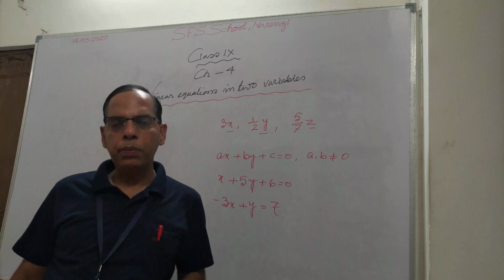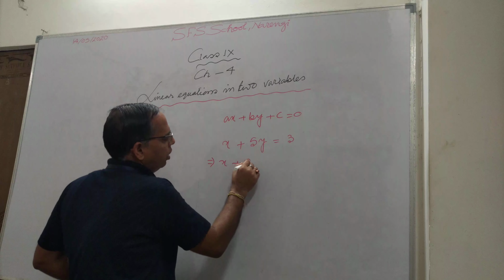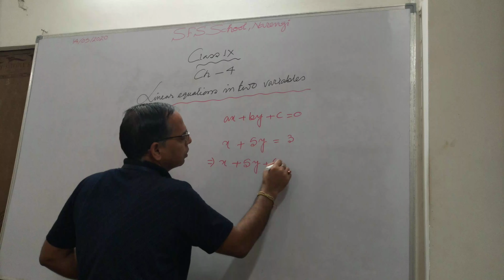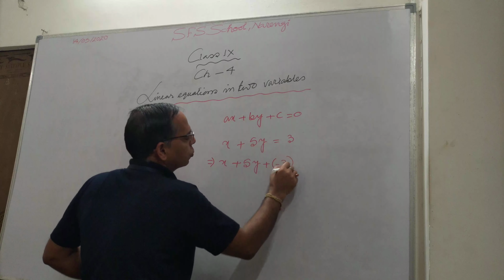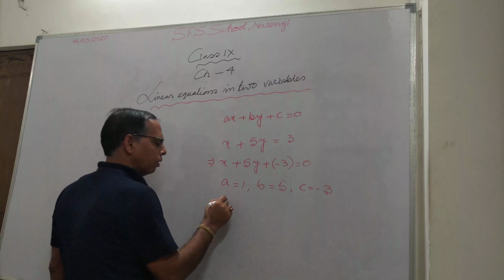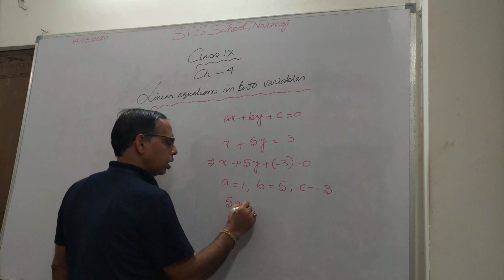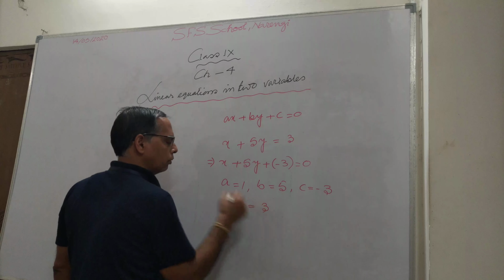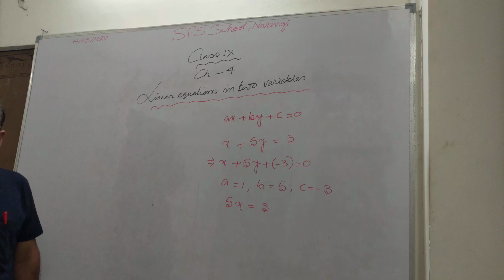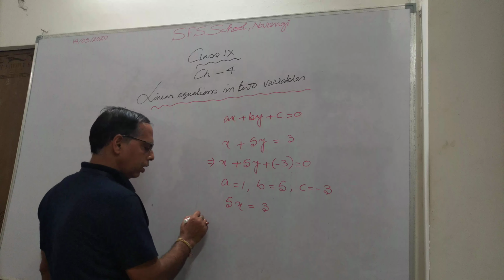How can you do it? x plus 5y plus minus 3. So in standard form we got plus. So what is the value of a? Value of a is 1, value of b is 5, and value of c is minus 3. Clear? Now suppose 5x equal to 3. Now convert this into a standard linear equation in two variables. How will you convert?